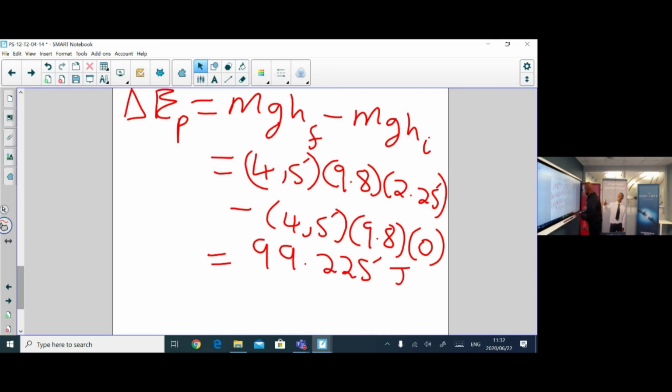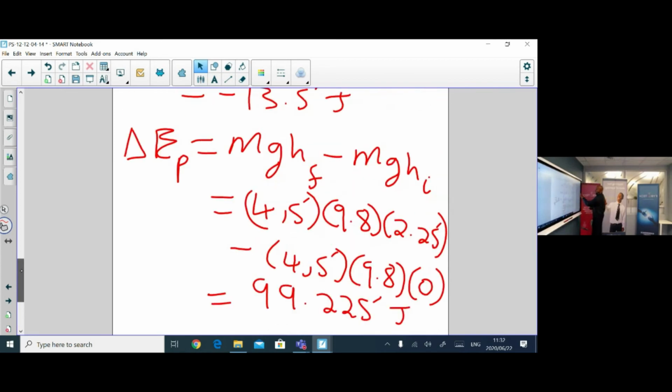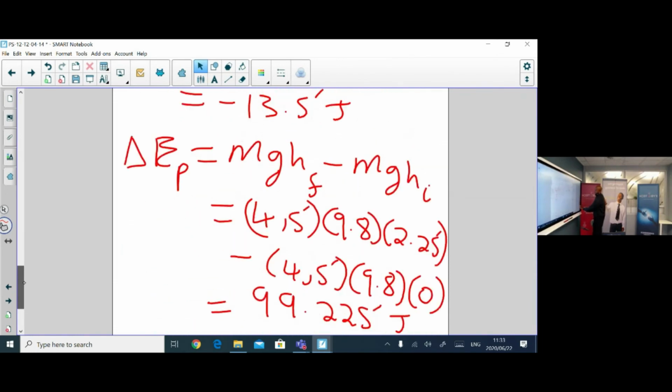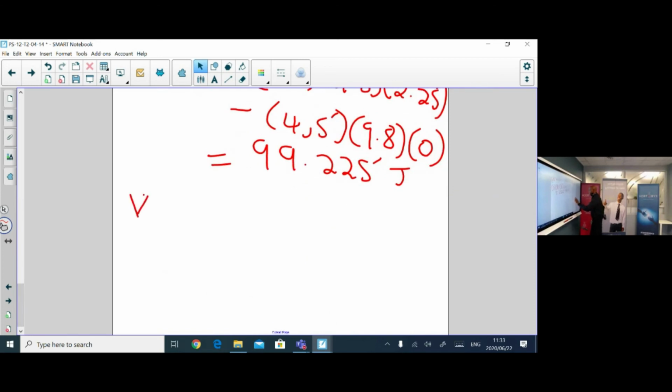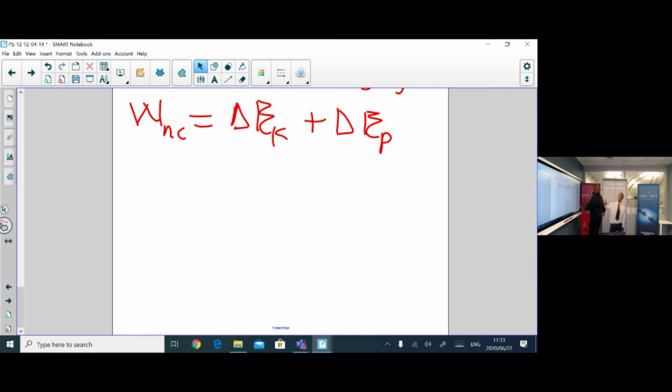Let us go back to the formula of work done by non-conservative forces. We have W sub NC, which is equals to the change in EK plus the change in EP. Okay. Let us look at the change.